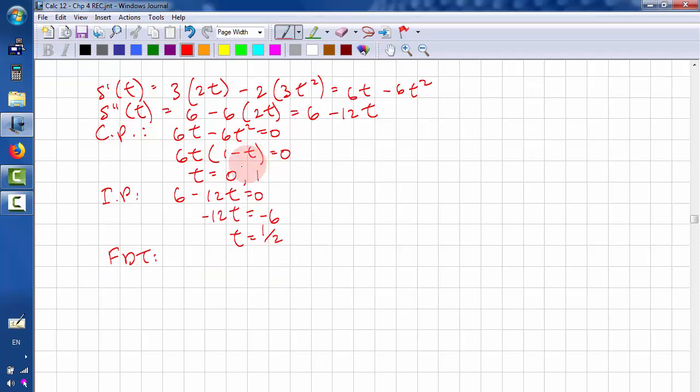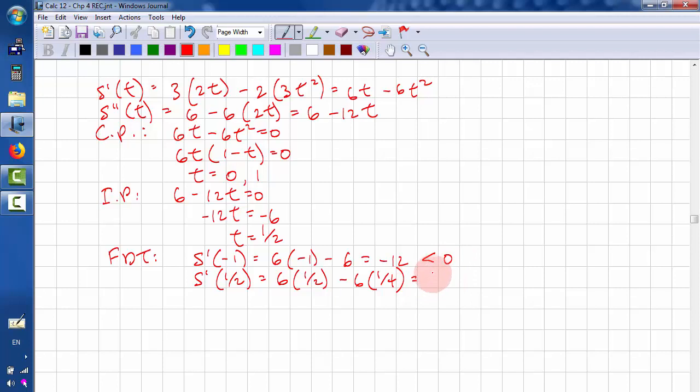Okay, we'll do our first derivative test. So we need points between our critical points. We have -1, we have a half, we need to be between here, and we'll pick 2. S prime of -1 equals 6 times -1 minus 6, that's minus 12, that's less than 0. S prime of 1/2 equals 6 times a half minus 6 times a quarter.